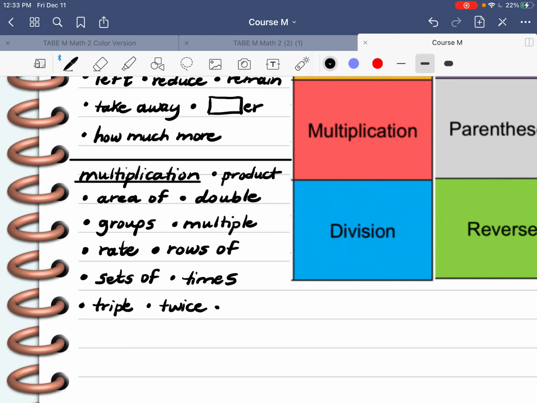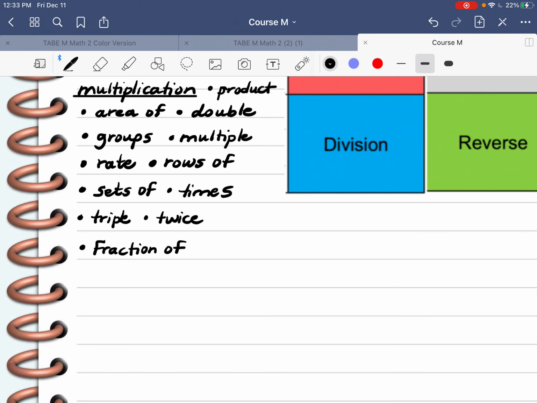And fraction of. Those are all keywords for multiplication.